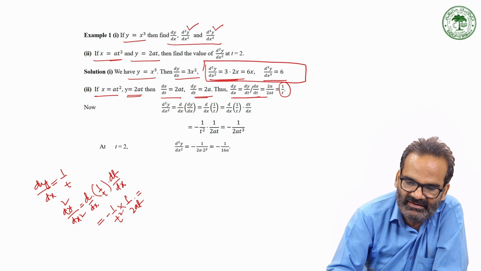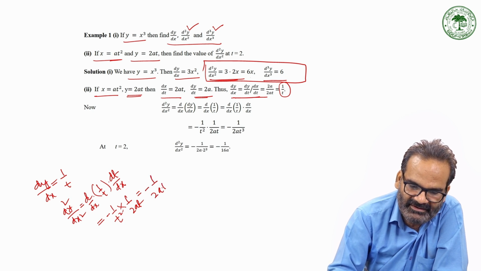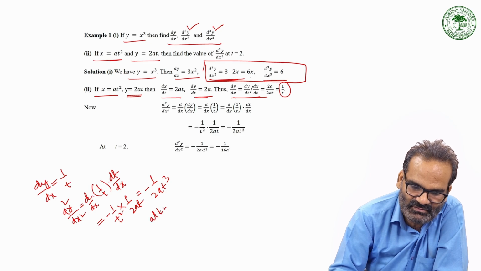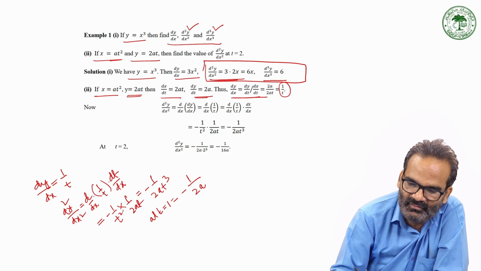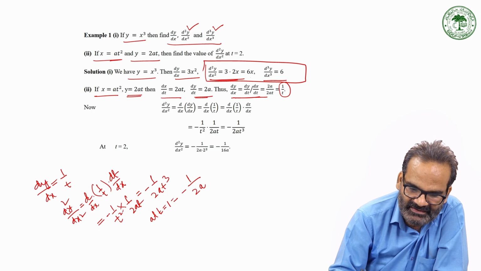Simplify it, and you will get minus 1 upon 2at cube. Now put t is equal to 2, so what you will get? Minus 1 upon 2a into 2 cubed.